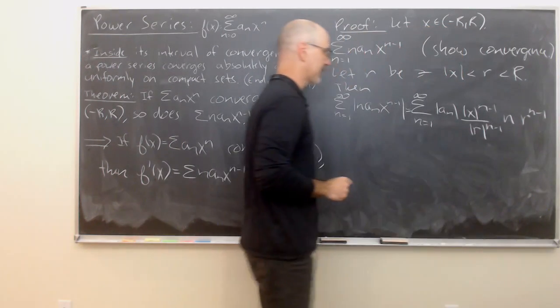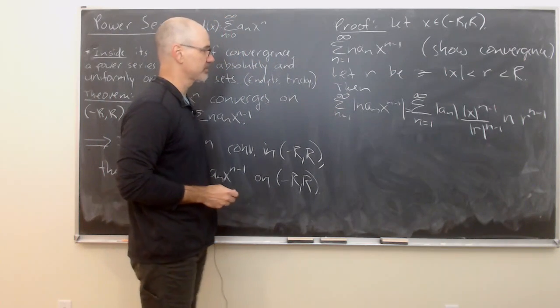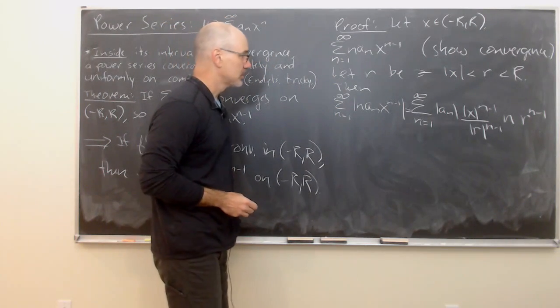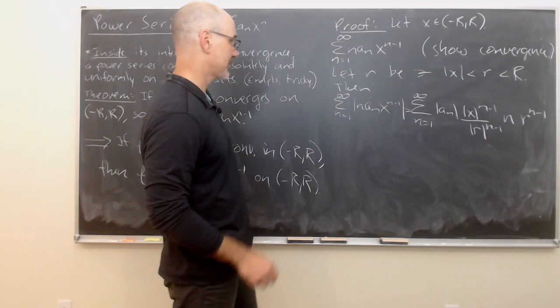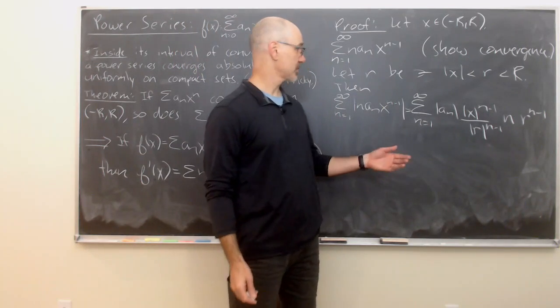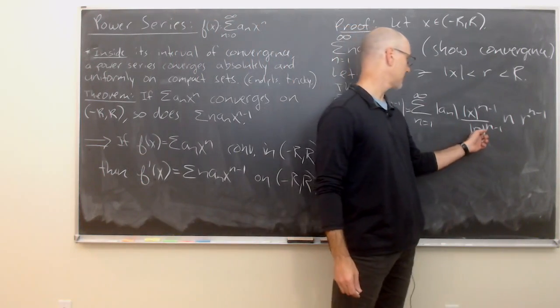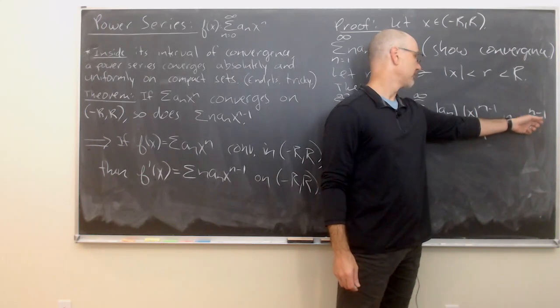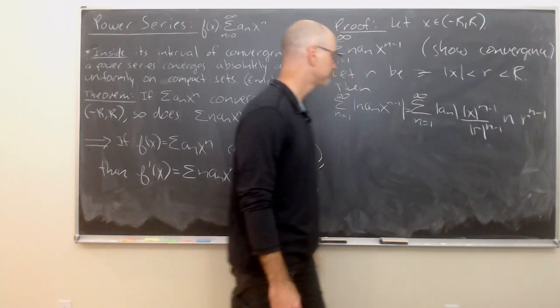I actually don't need an absolute value around the r, I know it's positive. So let's double check that we haven't changed anything. We basically just used one of our favorite tricks, multiply by a clever form of 1, r to the n minus 1 over r to the n minus 1.